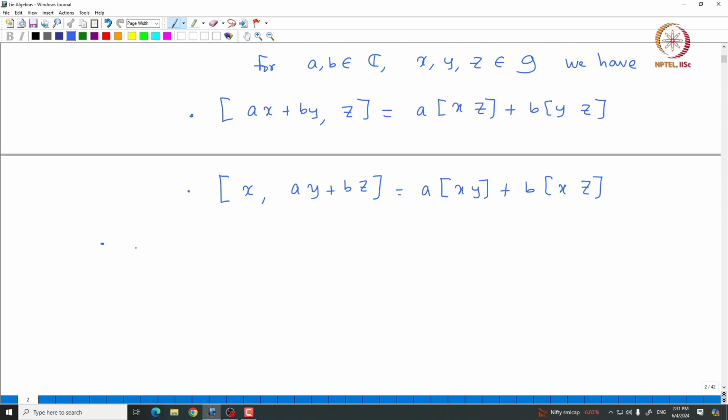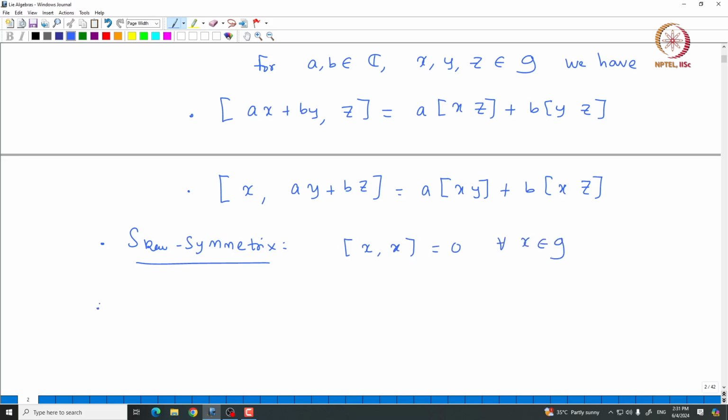The first one is skew symmetry. Skew symmetry says whenever we take a bracket of an element of G with itself, the bracket xx should be 0 for all x in G.